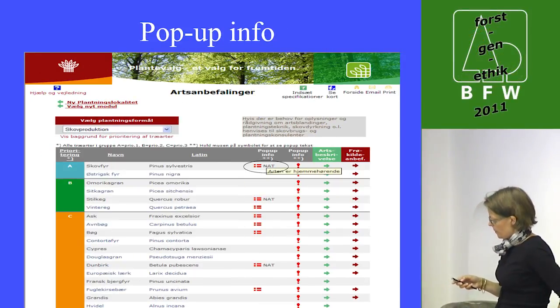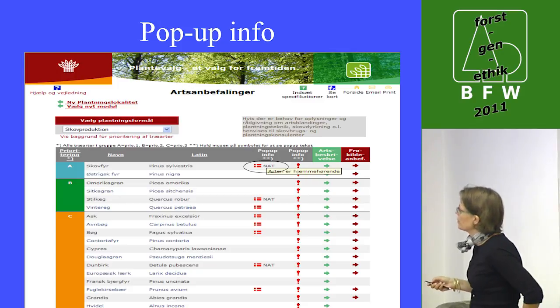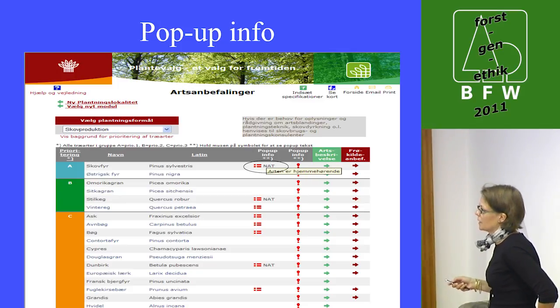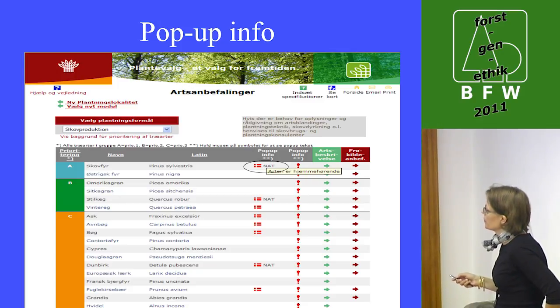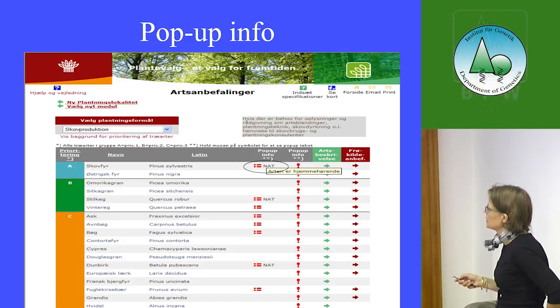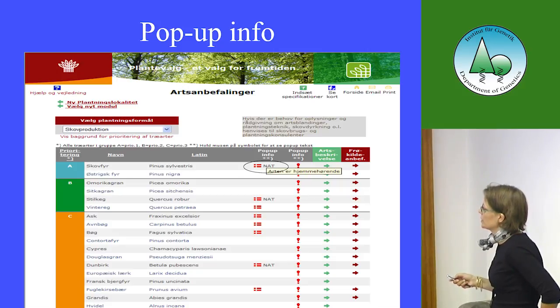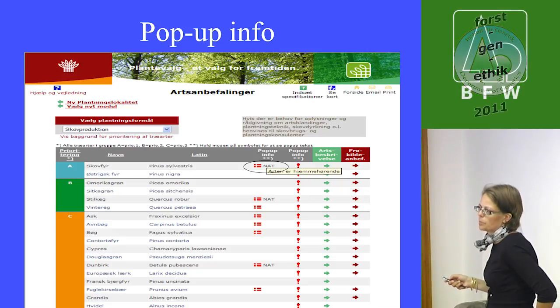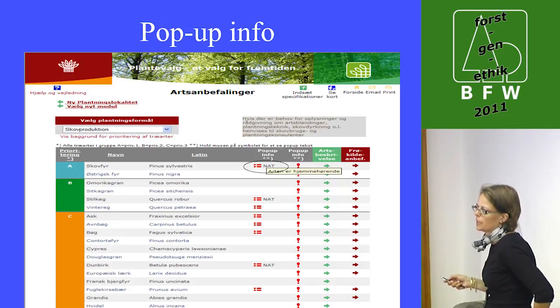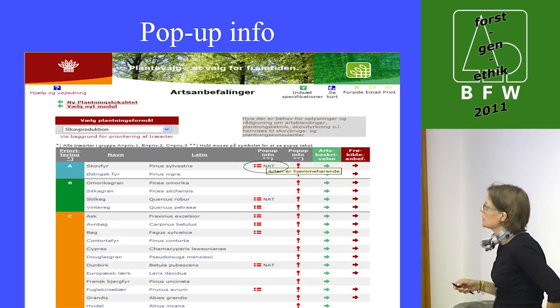Then there is the pop-up information, because probably you have realized these small flags in these letters as well. If you put the cursor to the flag, you can see that it says that the species is native. And if you put the cursor to the net, it will tell you that the species is naturally occurring in the zone where you want to plant.